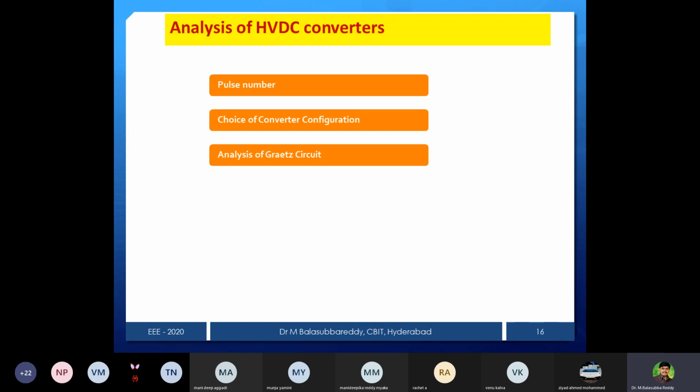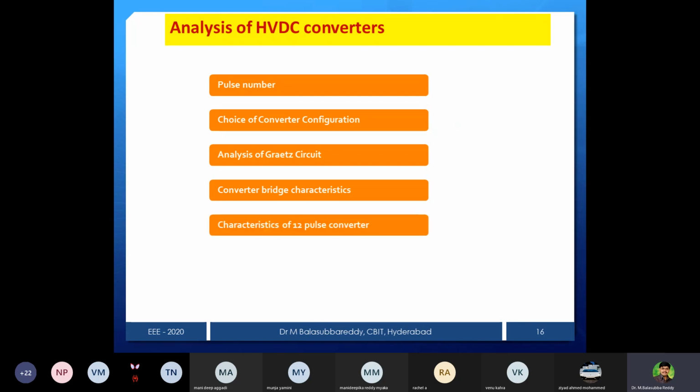And analysis of the Graetz circuit, which is also called a 6-pulse converter, a fully controlled bridge rectifier. The Graetz circuit is nothing but a 3-phase fully controlled rectifier, or a 6-pulse converter, as we simply call it. Then the converter bridge characteristics, and then the characteristics of the 12-pulse converter.